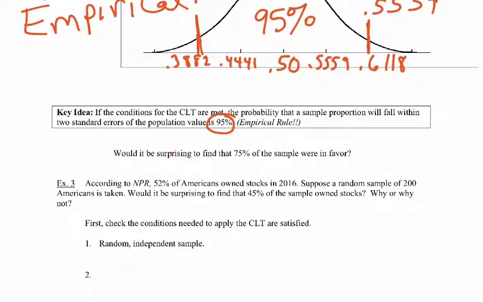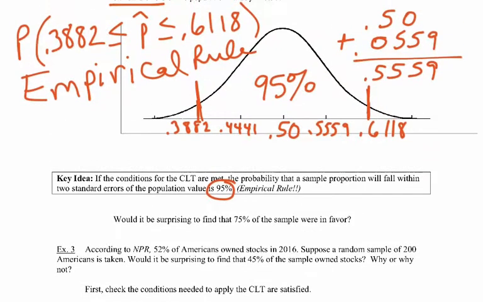Then it says, would it be surprising to find that 75% of the sample were in favor? Well, think about this. 95% likelihood that the sample proportion will be between 38% and 61%. So would it be surprising if we found a whopping 75%?